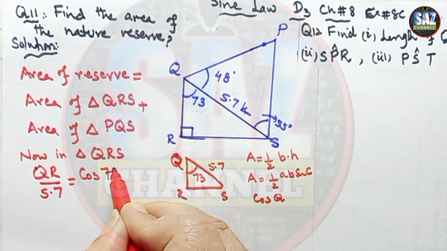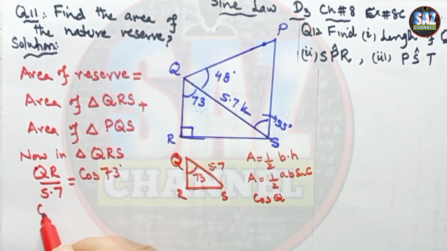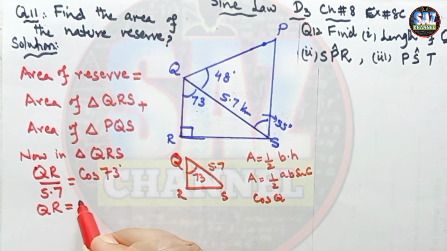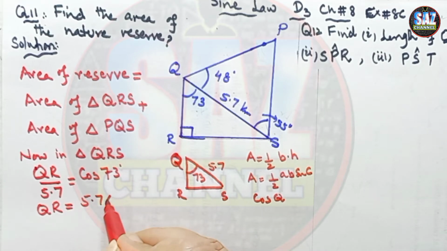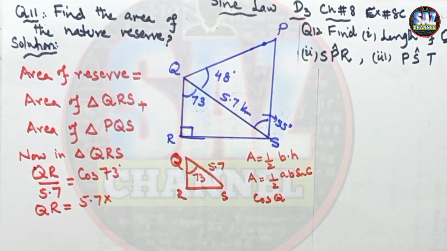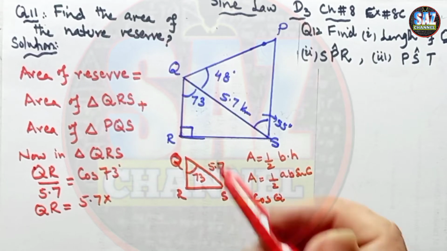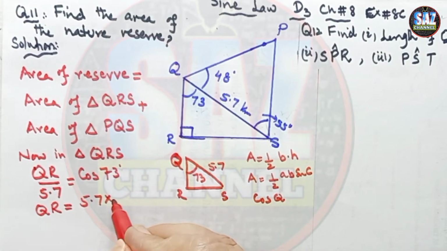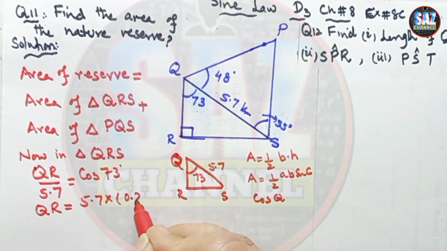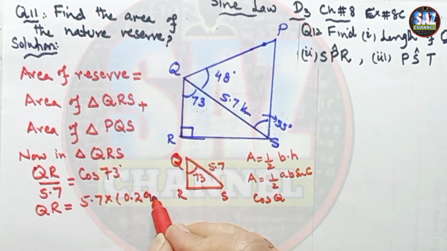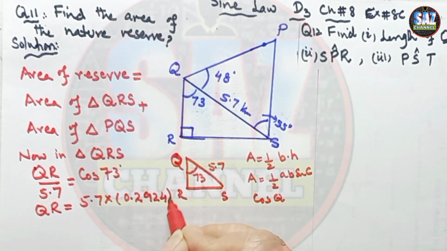Cos 73 degrees times QR equals 5.7 into cos 73. Let me check the value. Cos 73 degrees is 0.29237, so I will take it to 4 decimal places: 0.2924.